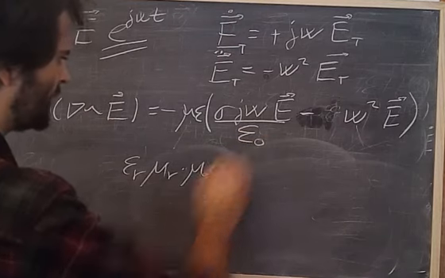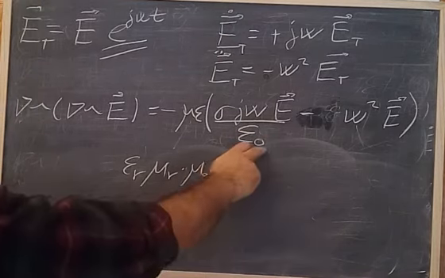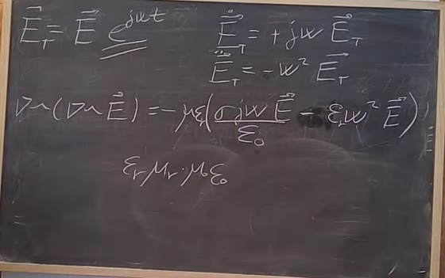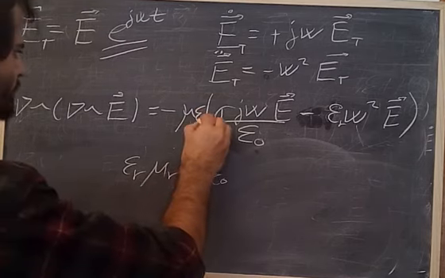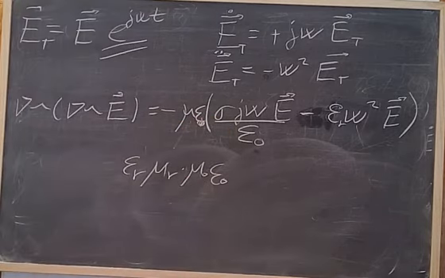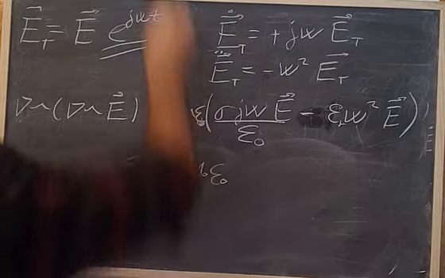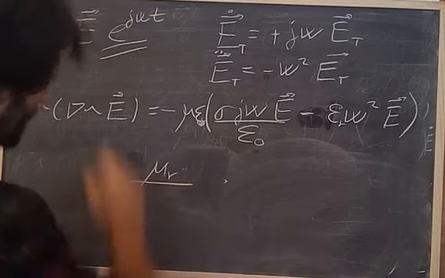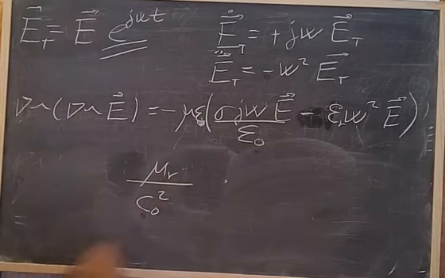So here I have only epsilon 0 and epsilon r, and here I have epsilon r only, right? Sorry, I made a little mistake. Now it's perfect. This parameter, where I remove this, I have at the end this squared, this is the speed of light.